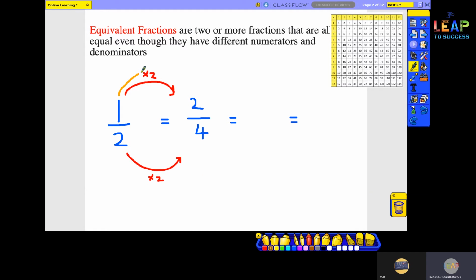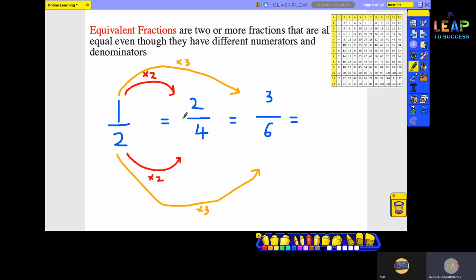So that original fraction, you multiply that by 3, and obviously, whatever you do at the bottom, you should have guessed it by now, you multiply that by 3 also. Now, if we take the calculation, we've got 1 times 3 equals 3. Everyone should know that. And 2 times 3 equals 6. Perfect.